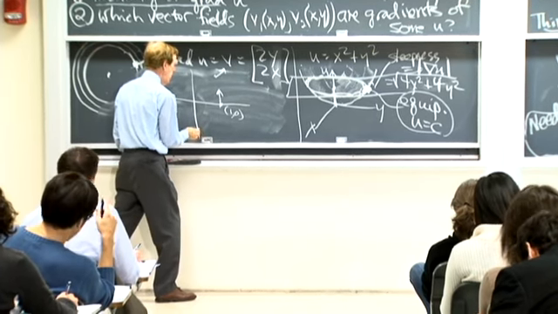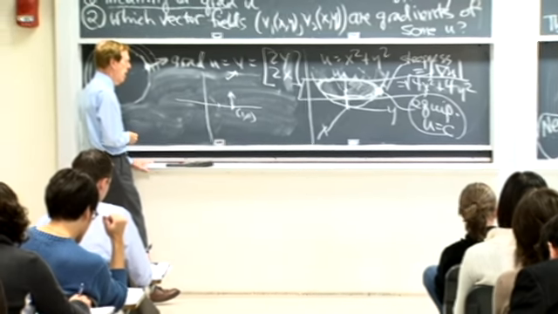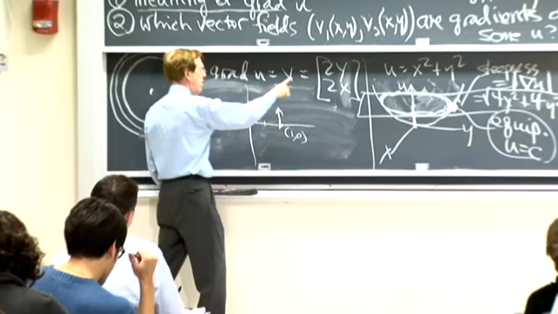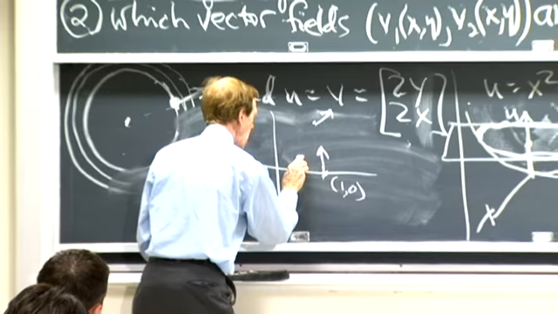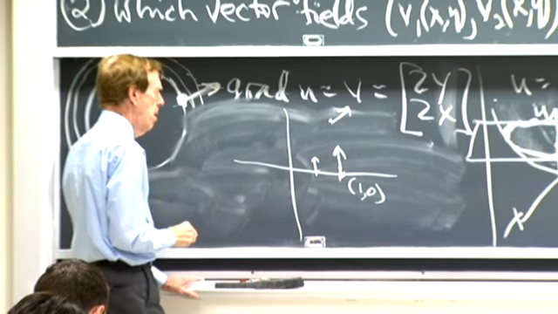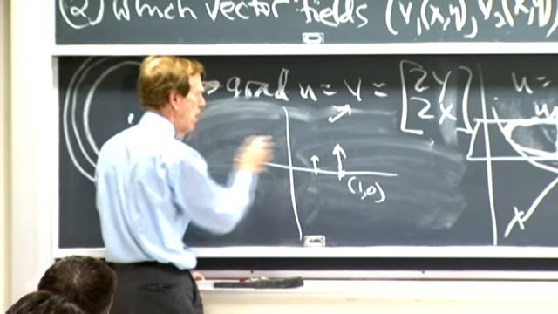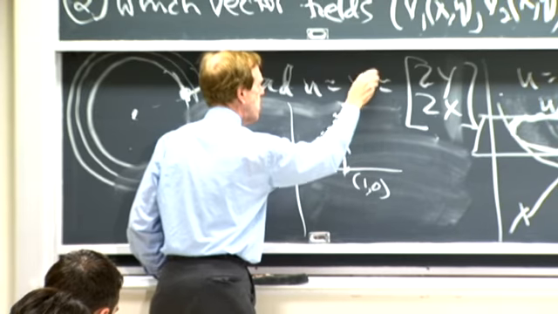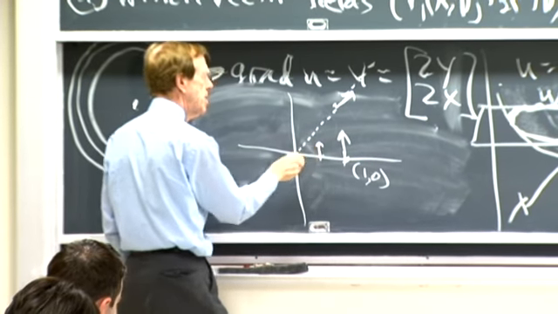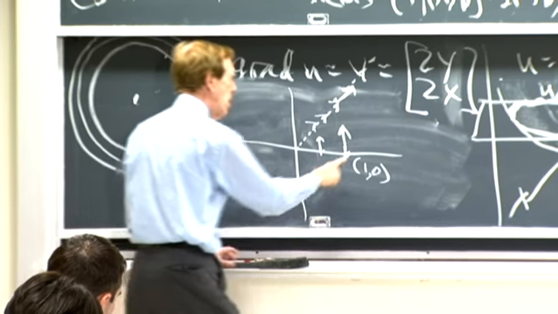What's at 1/2, 0? Then V is 0, 1. And if the point is along this line where y is equal to x, then the flow is going out along this line.